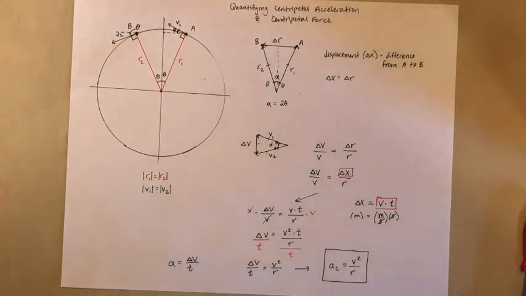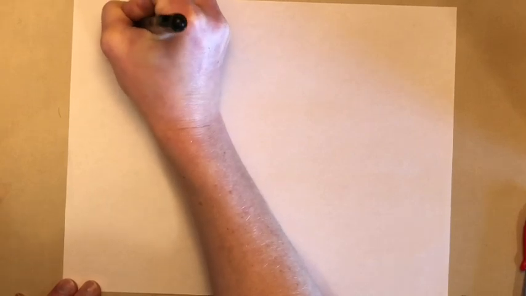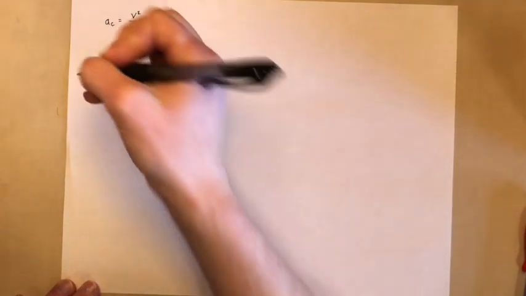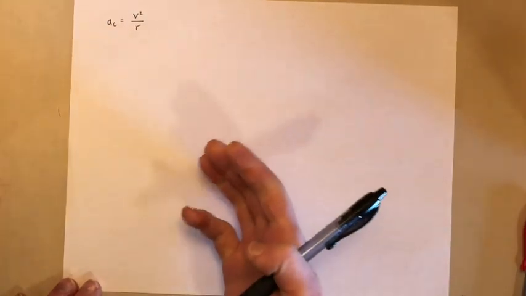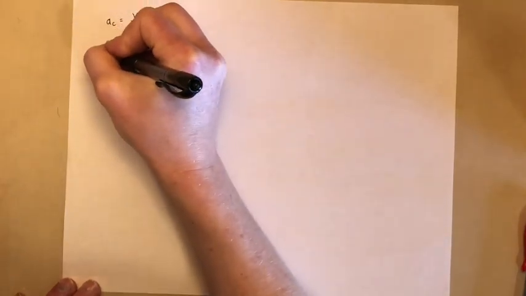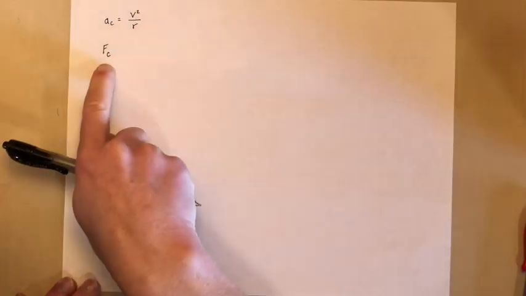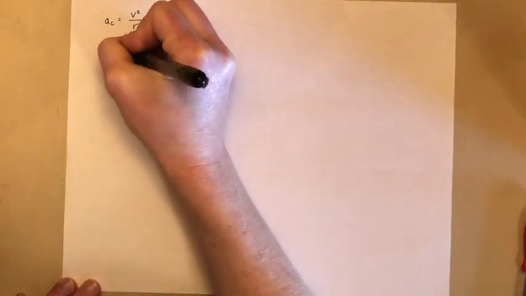Now we just need to add one more little equation to this, which is that if this is the centripetal acceleration, we want to add an equation for centripetal force. So from the previous page, we have that centripetal acceleration can be quantified as the velocity squared divided by the radius. We just want to define an equation for the centripetal force now. Now, from previous readings or the previous lecture, we noted that centripetal force, which I'm going to note as Fc, is really just the net force.